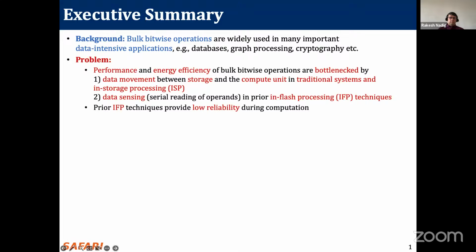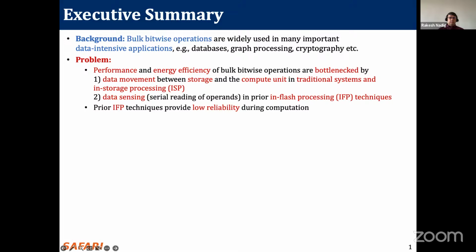These are fundamentally there in all kinds of applications in modern computing systems. So why do we need this work called Flash Cosmos? The problem is that these bulk bitwise operations are bottlenecked by two key problems. One is the data movement between the storage and the compute unit in traditional systems and in storage processing systems.